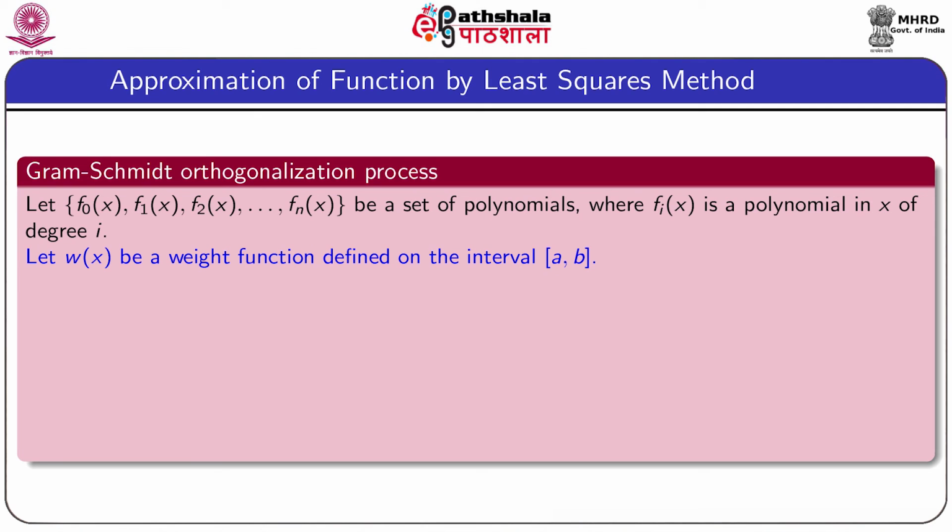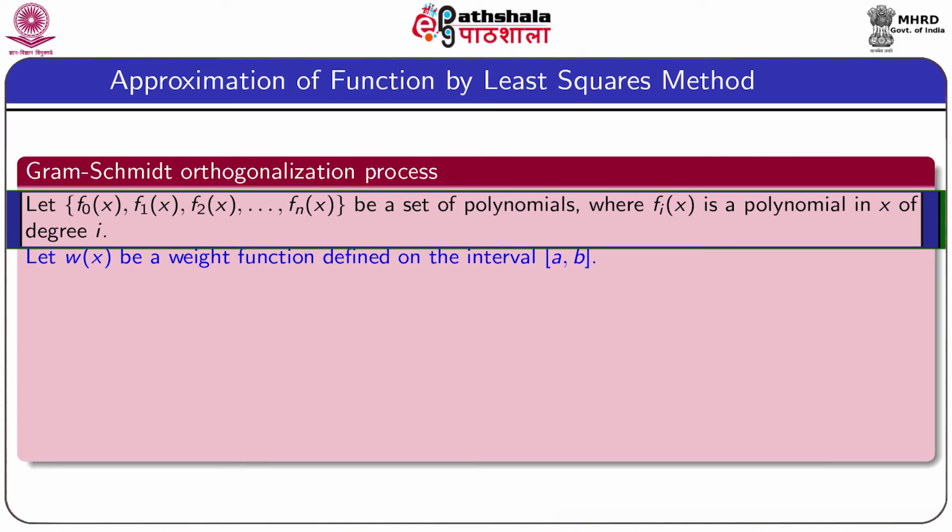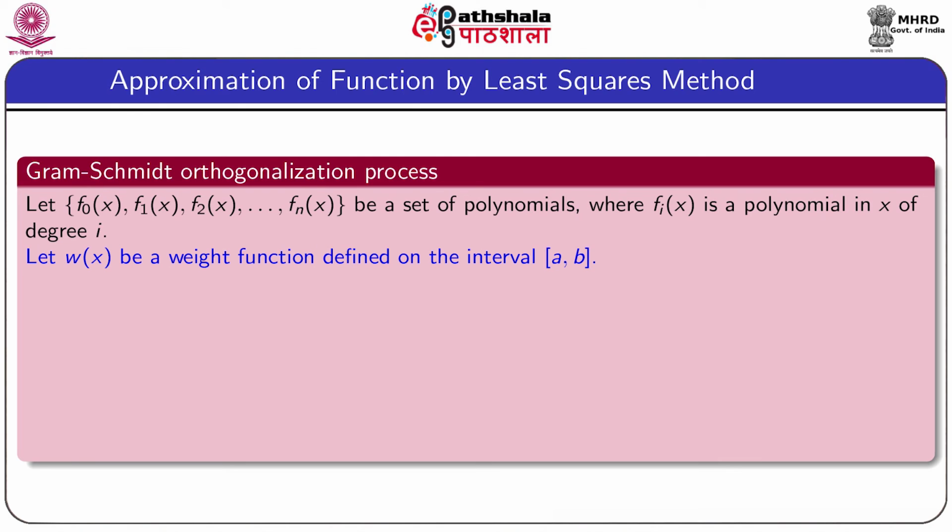The same procedure is used to convert a set of functions or polynomials to an orthogonal set of polynomials. Let f0(x), f1(x), f2(x) up to fn(x) be a set of polynomials where f_i(x) is a polynomial in x of degree i. These polynomials are not necessarily orthogonal.